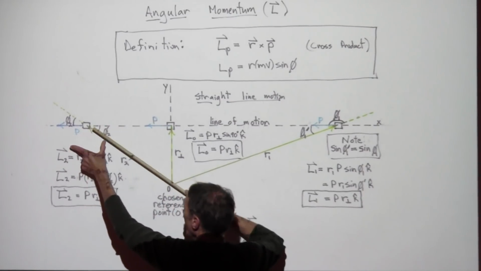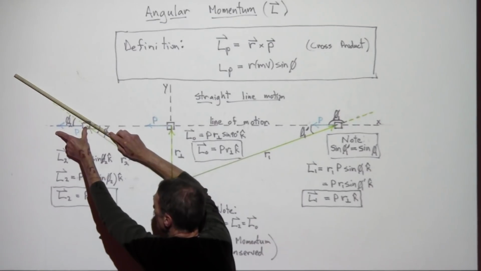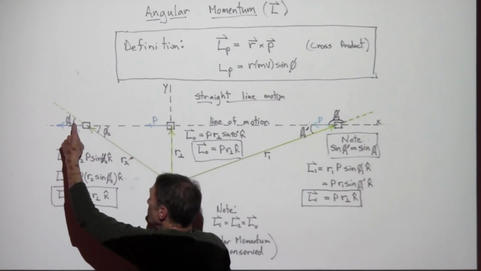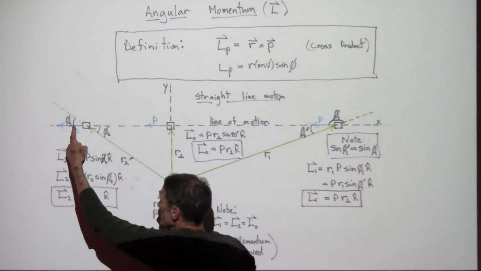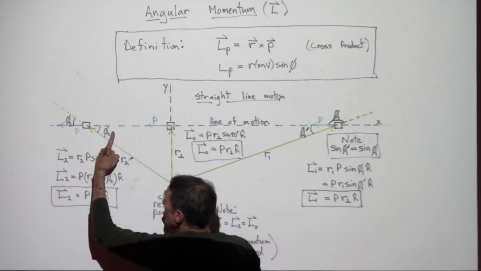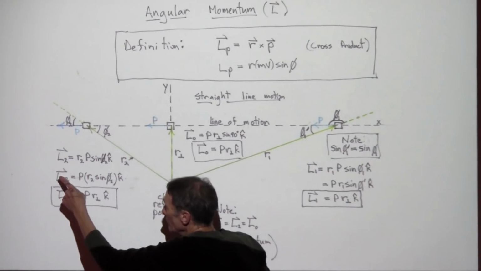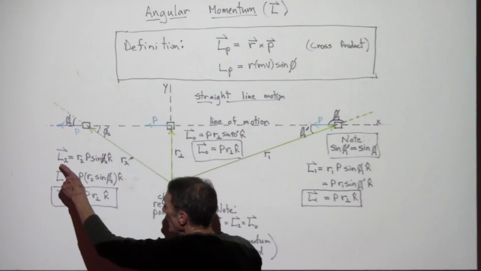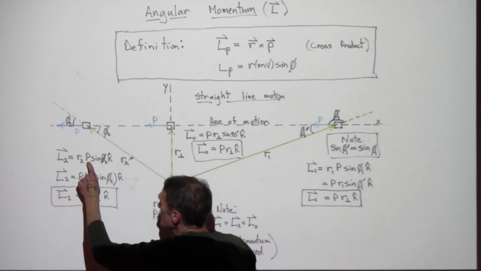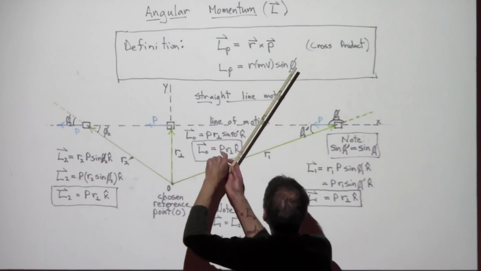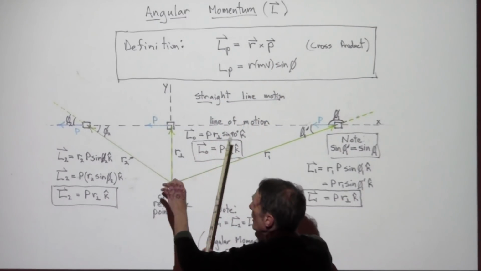We really want to put R and P tail to tail. And then this angle, I would call it phi2 for this position. This is the second position, is going to be the same as this. And we can get its magnitude, L2 is going to be R2 times P times the sine of theta 2.